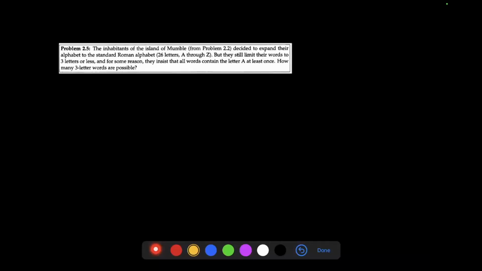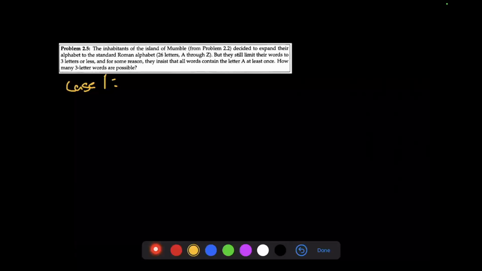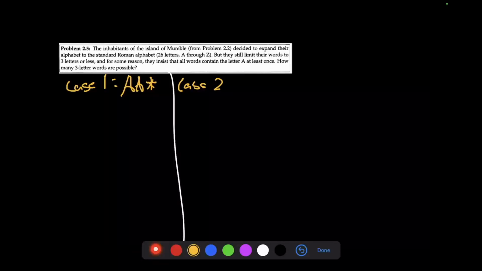You have case 1, where the words look like A, and then some random letter. Then you have case 2, where the words look like A with a random letter in between.